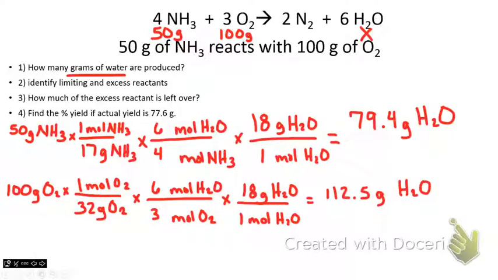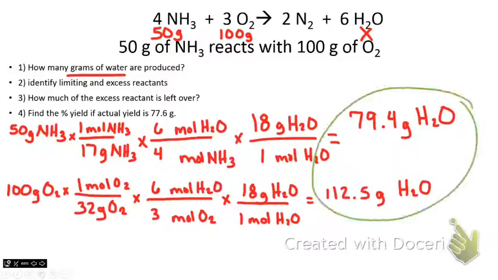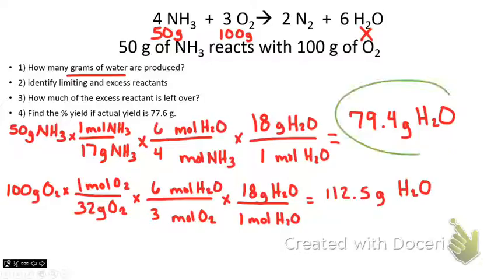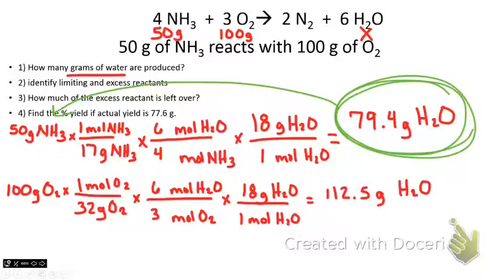Okay, that's a lot of math just to figure out one question. So basically what we're going to do is compare our 2 gram values. The question is, what's the maximum amount of grams of water that can be produced if you use those certain amount of starting reactants? You always have to pick the smaller value. It's your limiting reactant, right? That actually plays into number 2. The one that runs out in this case is going to be your NH3.